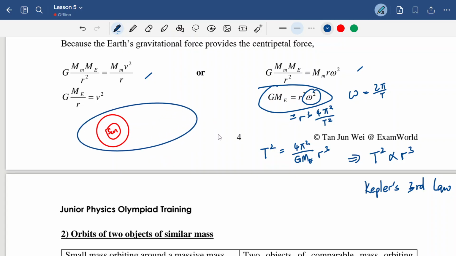This first happened for Uranus, which was elliptical. Because of that, they suspected there must probably be another planet that affected Uranus's orbit. Based on calculation, there's this mathematician who used the law of gravitation to calculate where there should be another planet. Then he asked his astronomer friend to actually look. I forgot their names, but because of that, they discovered Neptune. So Neptune was the first planet that was discovered based on calculations.